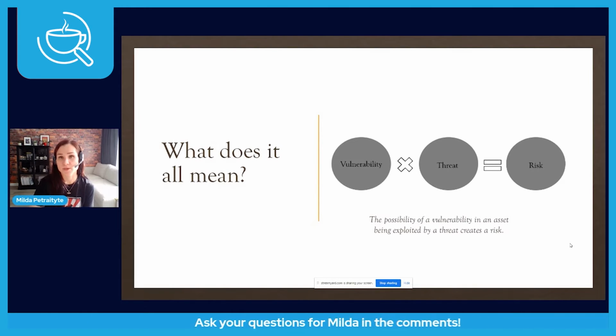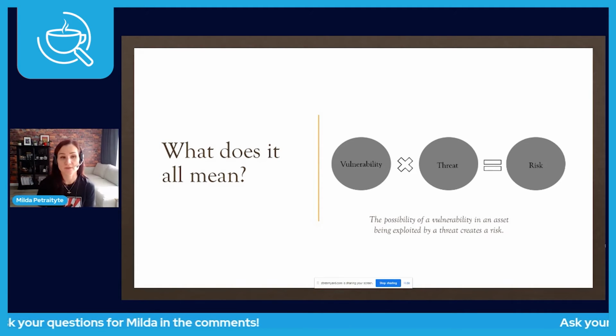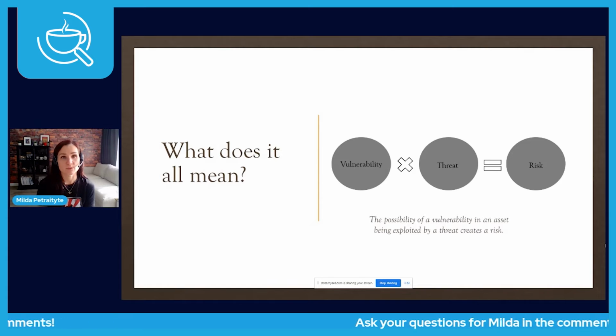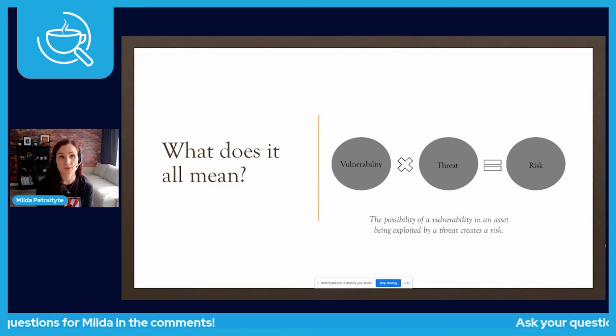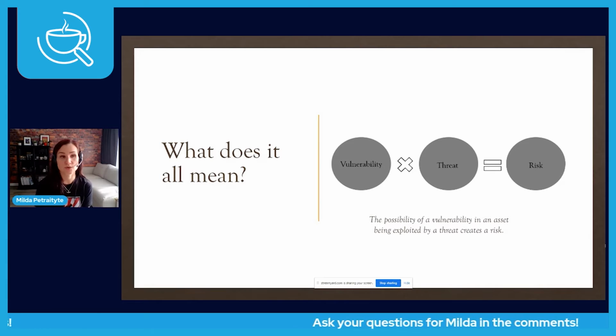When we speak about a vulnerability and a threat, we say that we have a risk of some kind. It's pretty much a formula of 1 times 1, or 1 and 0. It either exists or it doesn't. Either the vulnerability exists or it doesn't. Either the threat exists or it doesn't. So a risk will be either 1 or 0.